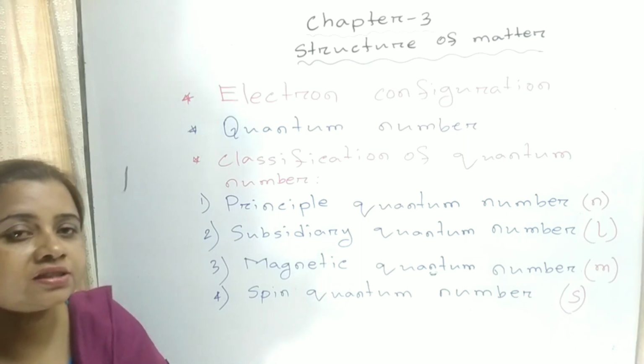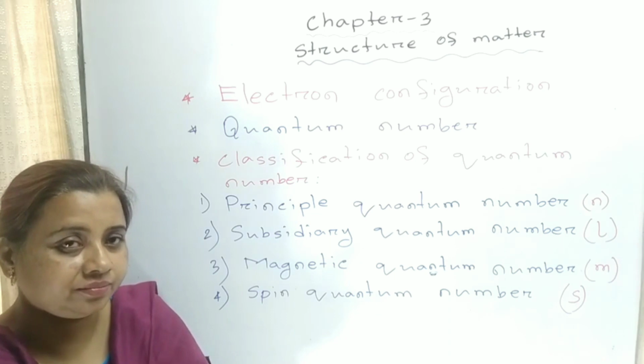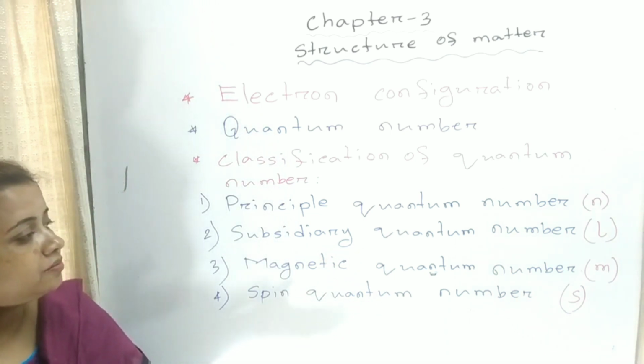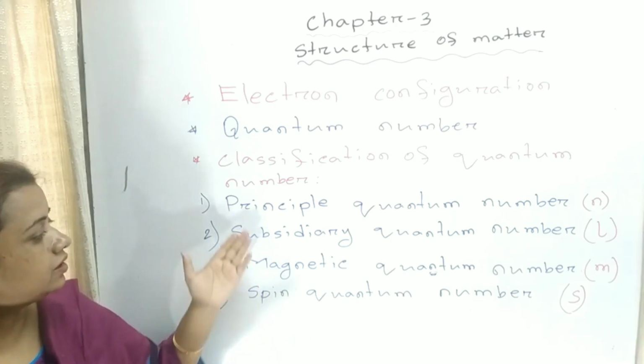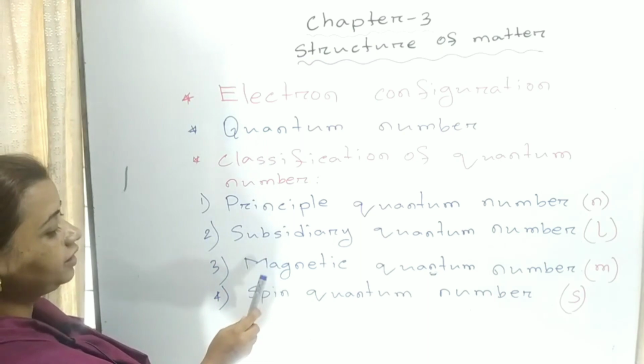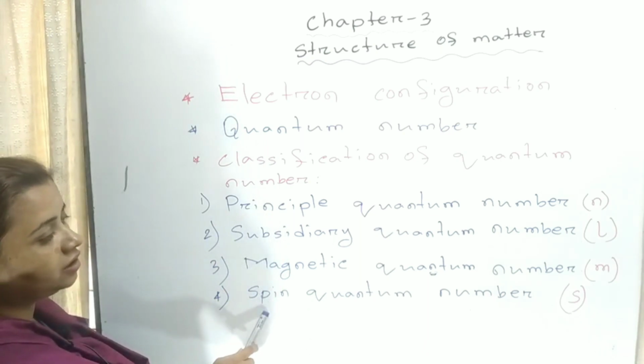These 4 numbers are known as quantum numbers. There are 4 types of quantum number: principal quantum number, subsidiary quantum number, magnetic quantum number and spin quantum number.